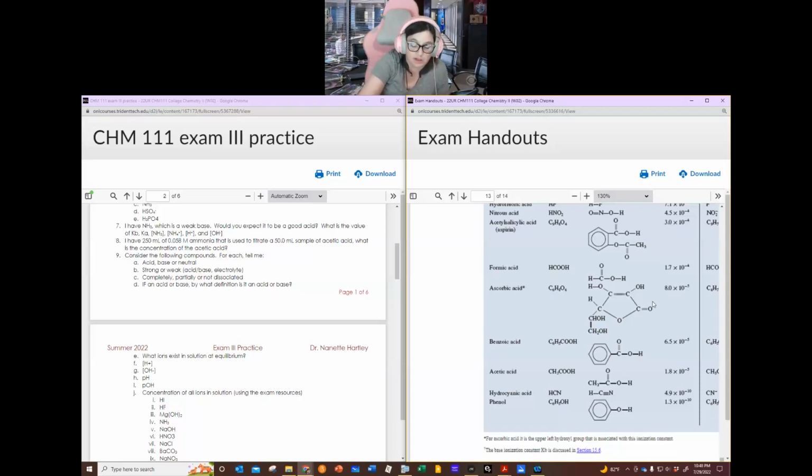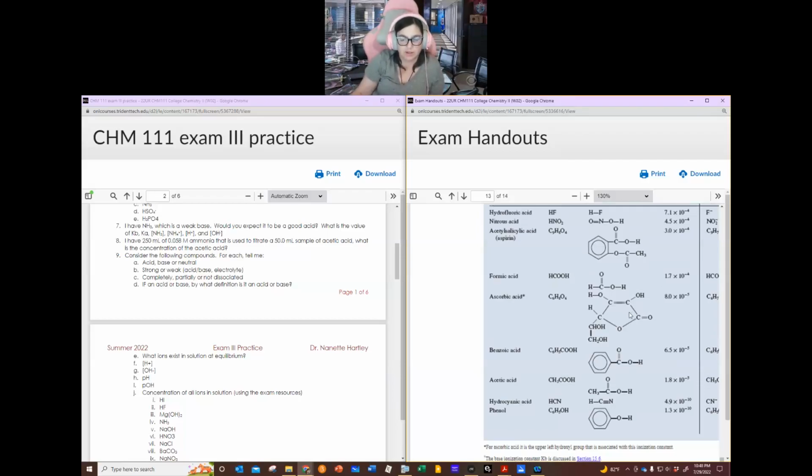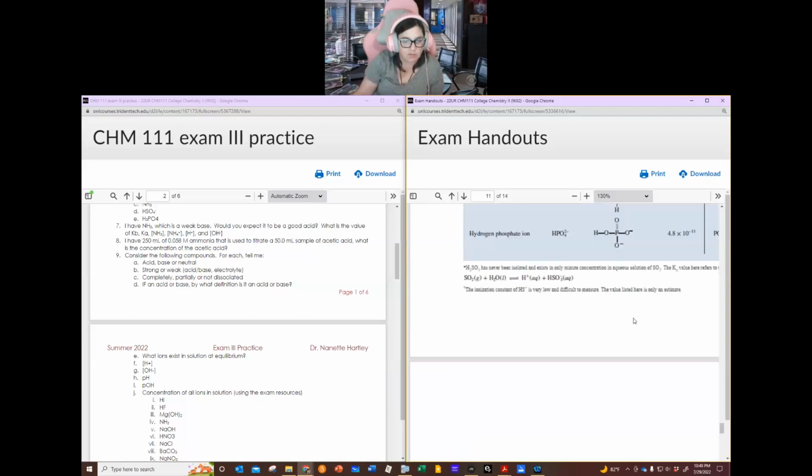So, in order to do that, we know that this is one of those calculations where we have to go from moles of NH3 to moles of acetic acid. And then, of course, we have to go from molarity to moles and from moles to molarity. This is one of the things that's given on the table.